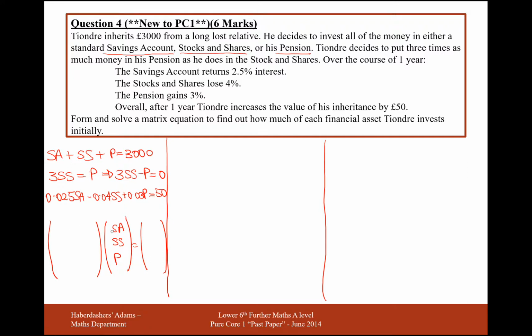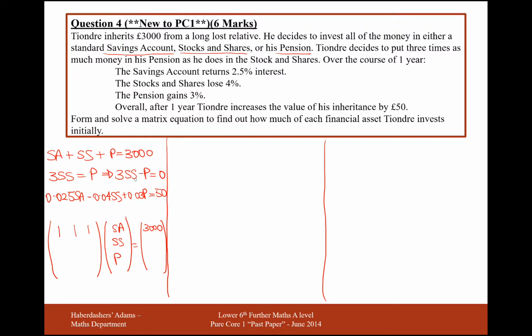The savings account coefficient goes first, the stocks and shares coefficient goes second, and the pension goes third when you're going along your rows. So 1 for the savings account, 1 for the stocks and shares, and 1 for the pension on the first row. And on the first row as well, you need 3,000, as that's how much is in all 3 of those accounts put together.